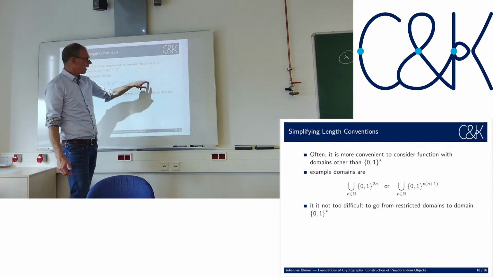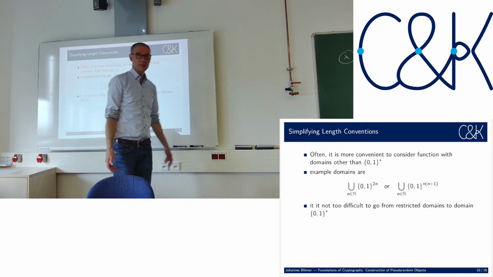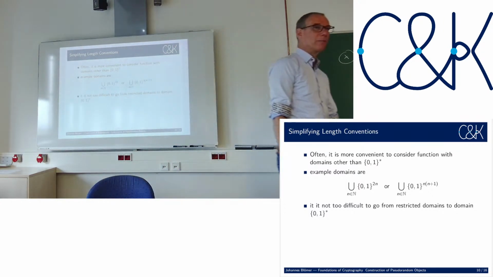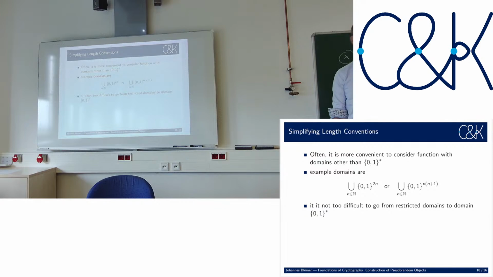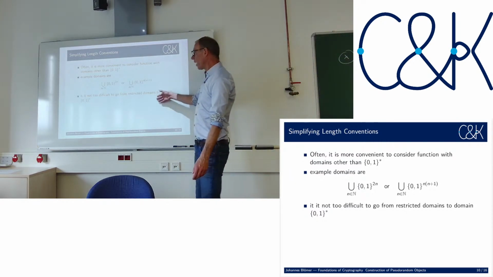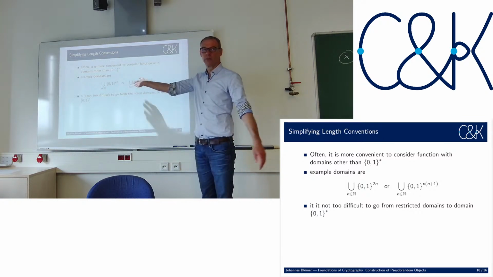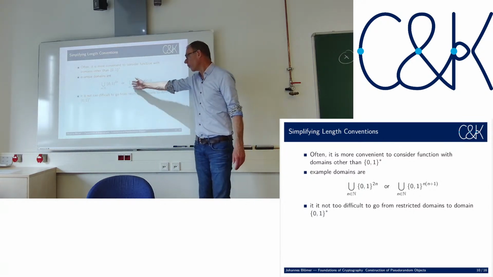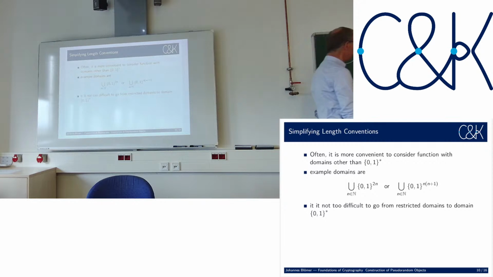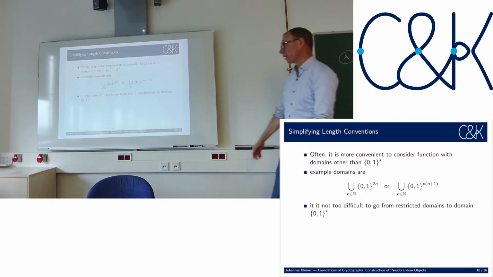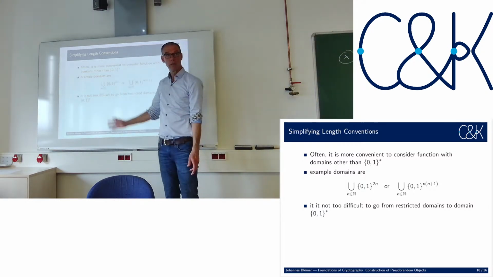And here I took these two examples because those are the things that I need for my two candidates. And once you have those things, it's not too difficult to go from these restricted domains to the full domain. You just pad things and then set it to something that has this format.